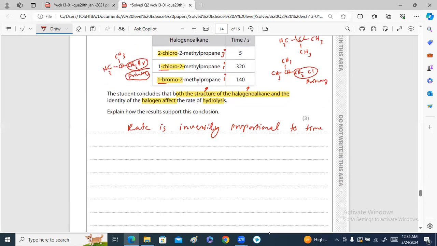Now look at the nature of the compounds. The 2-chloro-2-methylpropane is tertiary.